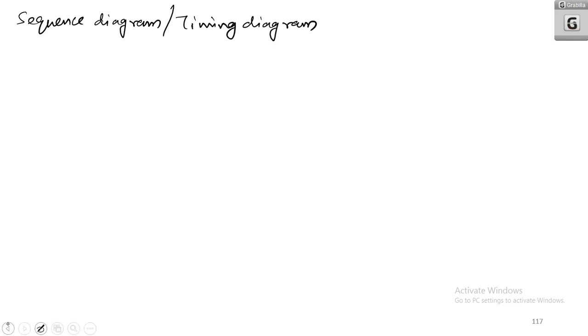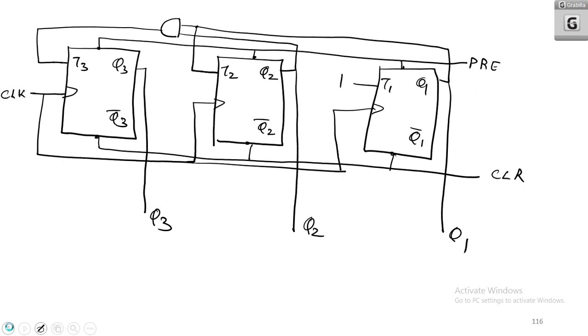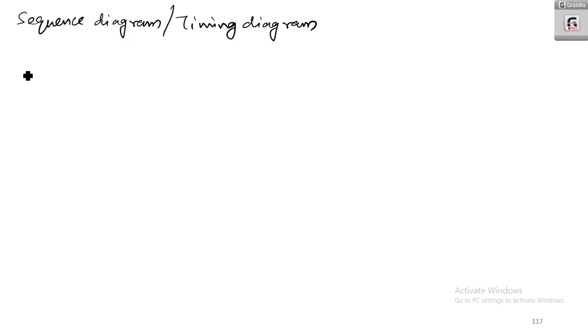How many clocks do you require? There are 8 states, so 8 clocks are required. So I will write 1, 2.